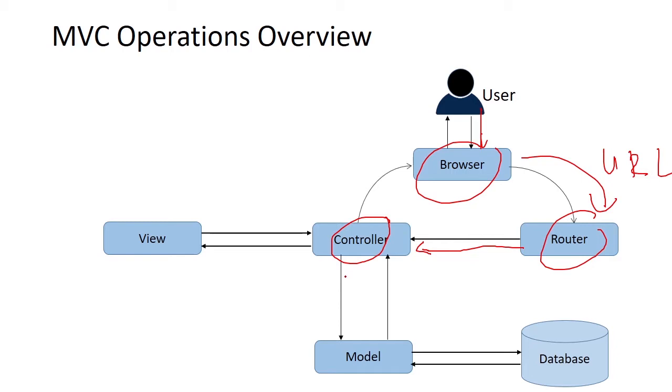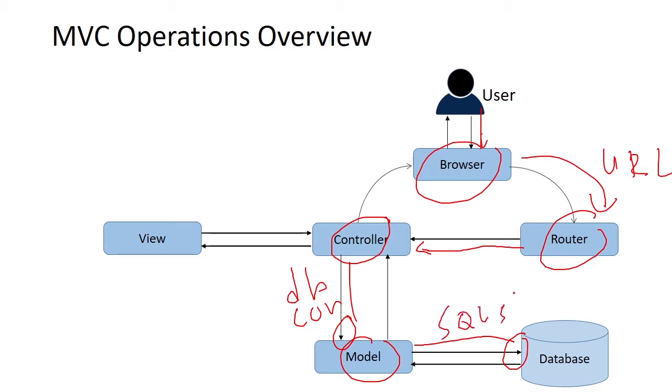If the instruction requires any database connection, the controller will try to execute any methods inside the model. The model will look at that particular request and send it in terms of an SQL statement to get records from the database.